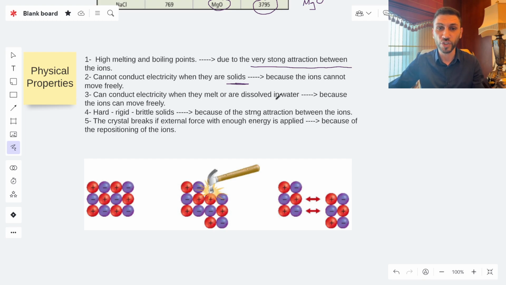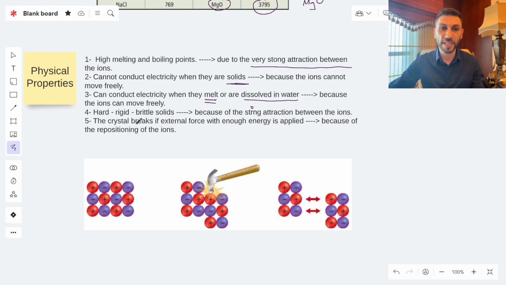Whereas when they are dissolved in water or you melt them, they can conduct electricity because after they are dissolved, those ions can move freely and they can conduct electricity. Number four, the ionic compounds are very hard, rigid and brittle solids because of the strong attraction between the ions.